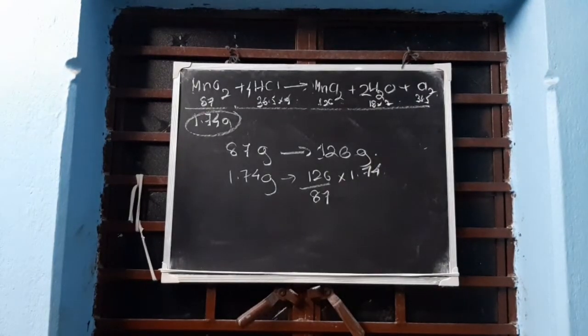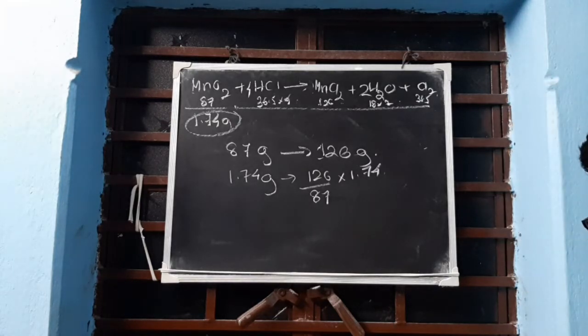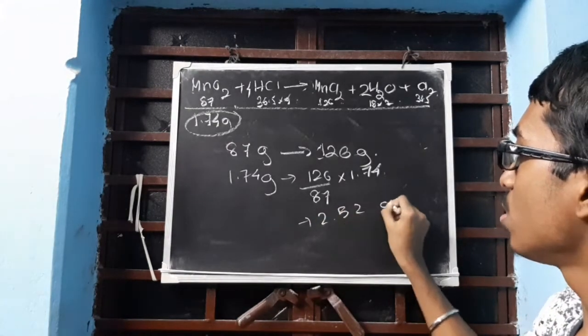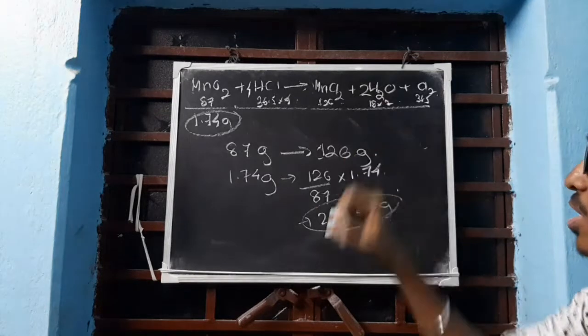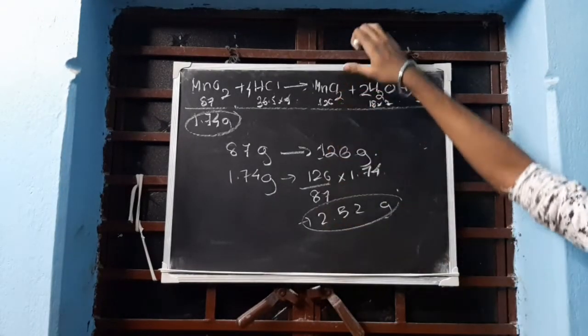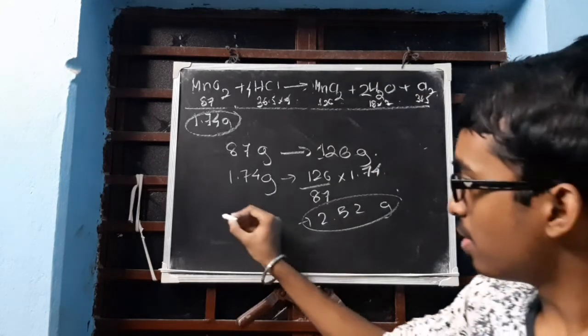Correct. 126 divided by 87 into 1.74 is around 2.52 gram. This is the MnCl2. Now the given weight is 2.52 and this is 126. What is the number of moles? 0.02. Clear?